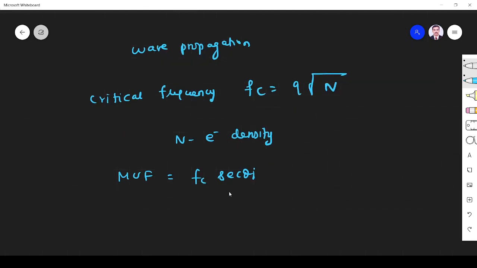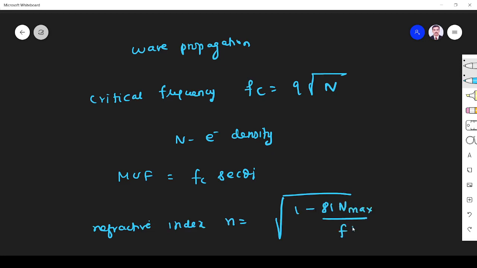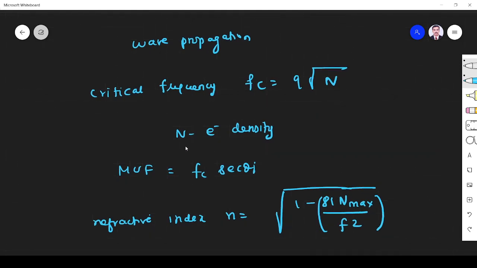So this one is another important point. Then refractive index when a wave propagates through a medium. Refractive index n is equal to root of 1 minus 81 N max divided by f square. So this is another important point, right? N is the electron density, and n is the refractive index.